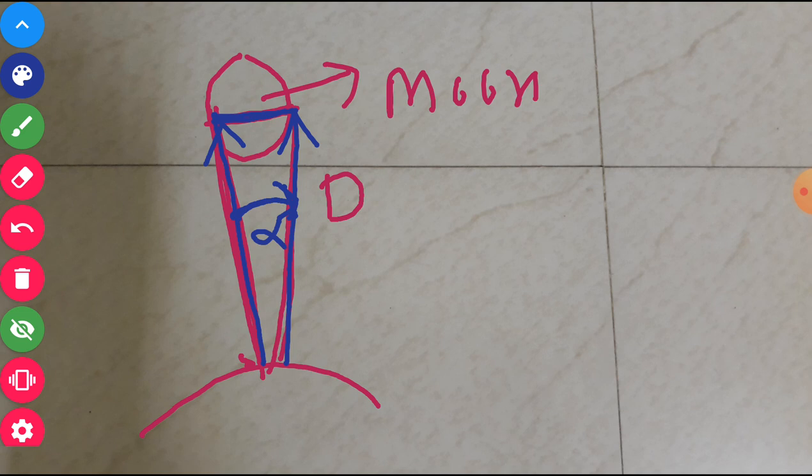Now this you want to find. This we do not know. Say the diameter of this moon is D, and the distance between the moon and the earth from where you are taking the observation, that capital D, is known to you. Now this is the thing that you want to measure.